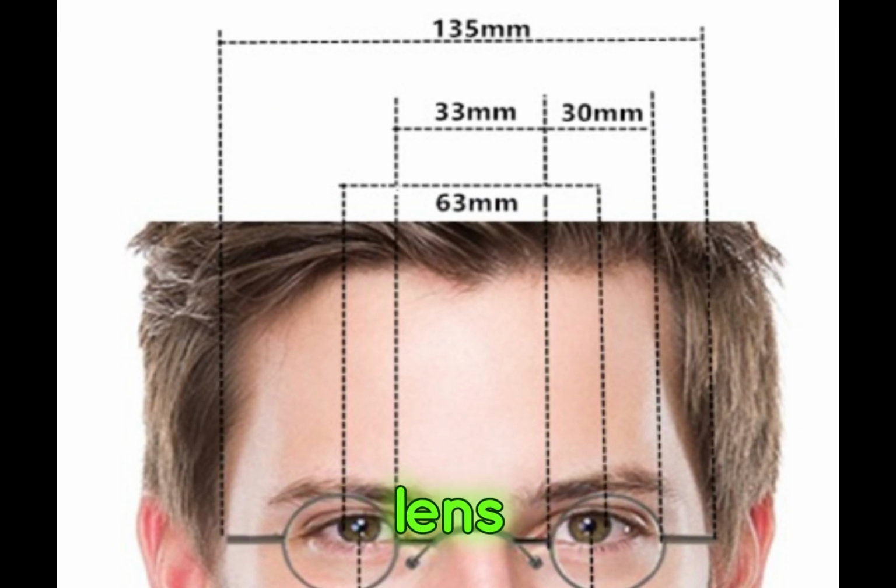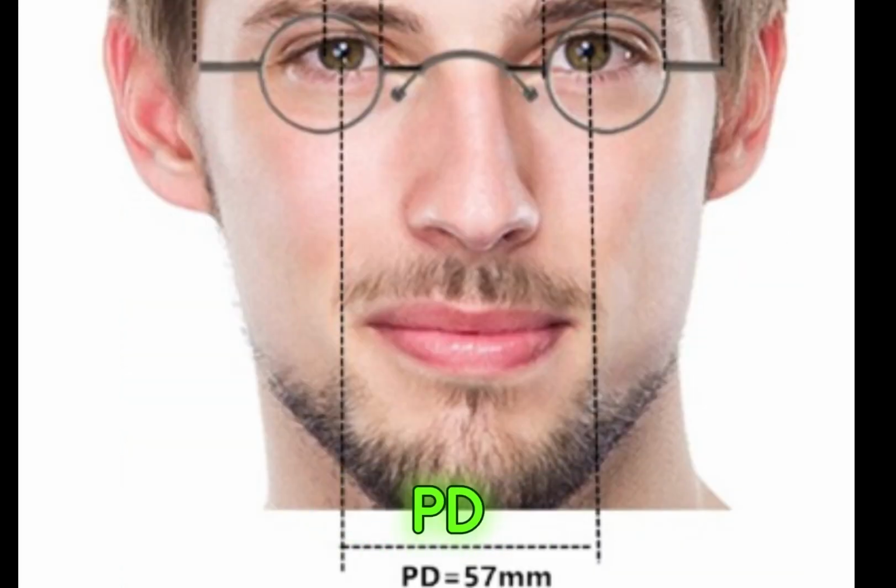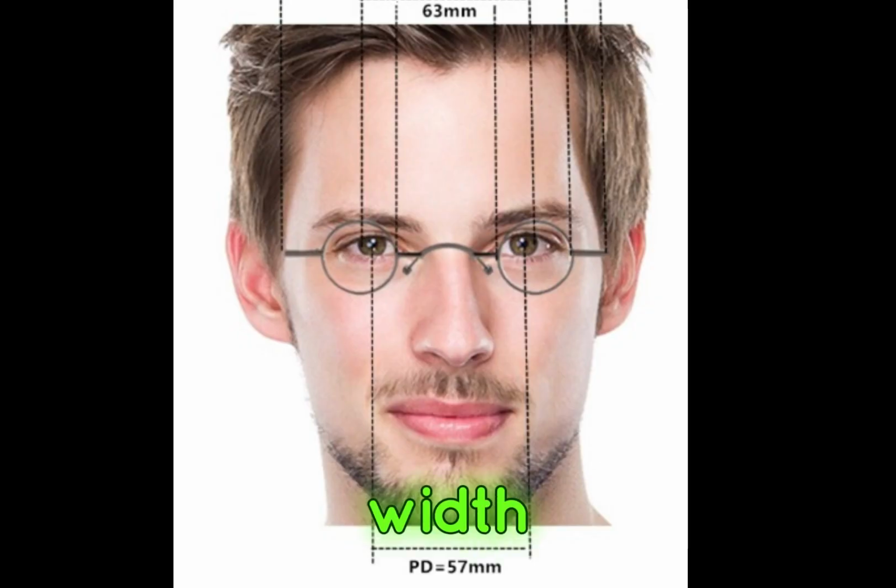Very small lens, wide eyeglasses bridge. If the pupil distance, PD, equals to 57 mm, bridge width plus single lens width equals to 63 mm, which is bigger than the pupil distance. Result is that two eyes may not be covered by lenses. You can see the image.